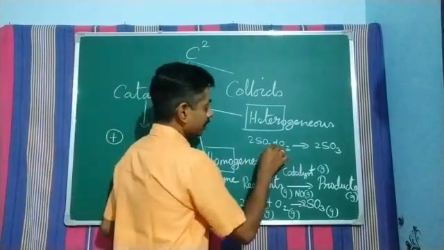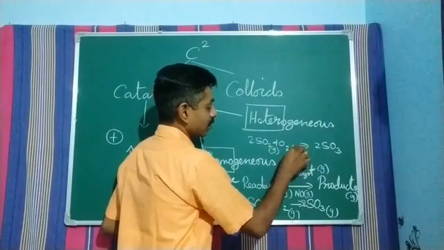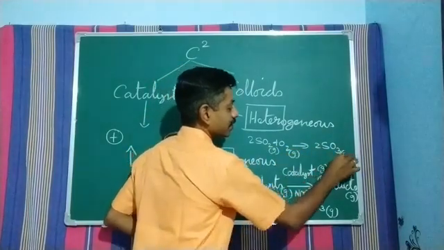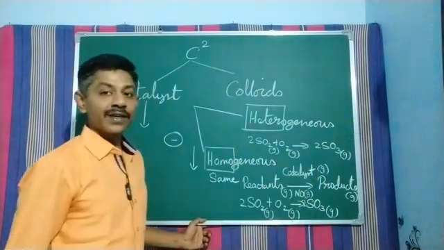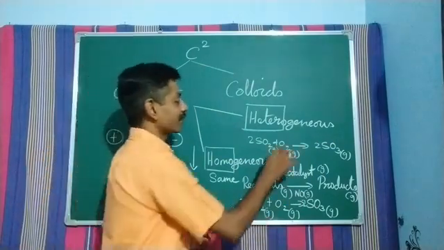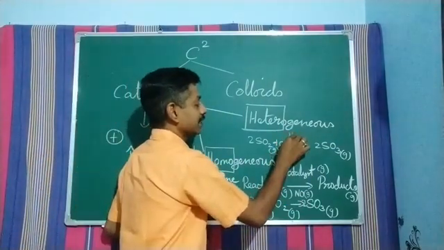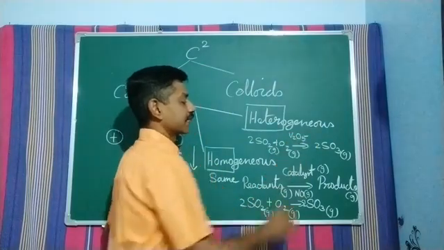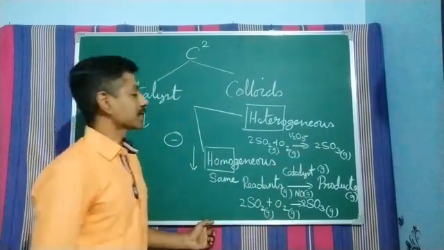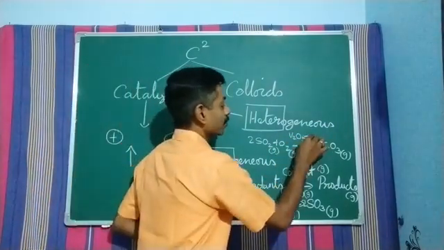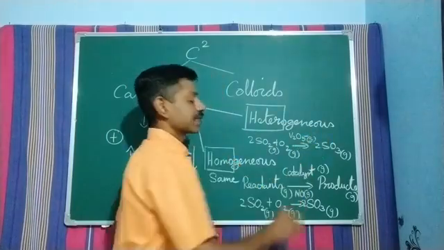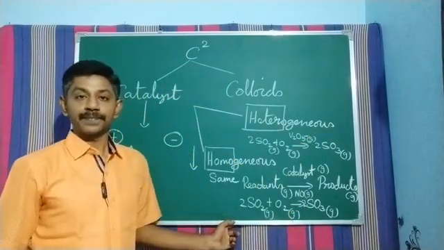Now sulfur dioxide is in gas phase, oxygen is in gas phase, sulfur trioxide is also in gas phase. For this reaction, we are going to add a catalyst, that is V2O5, vanadium pentoxide. This porous vanadium pentoxide is in a solid state.